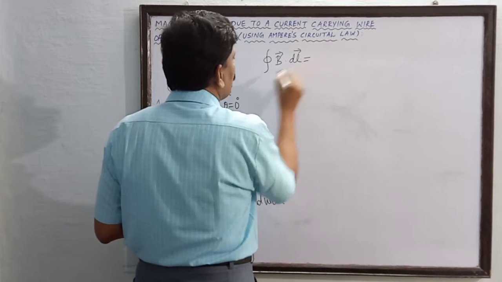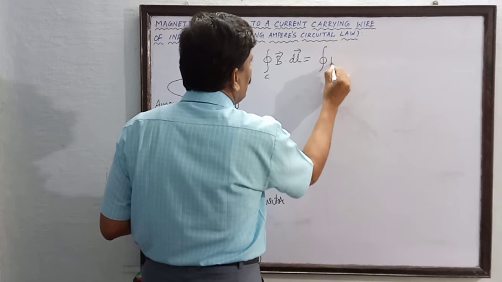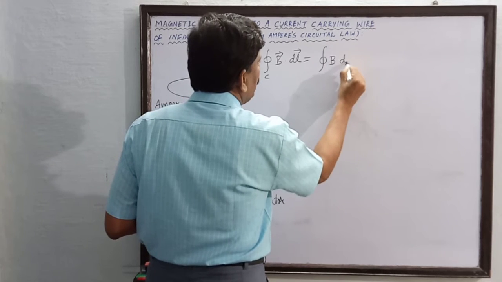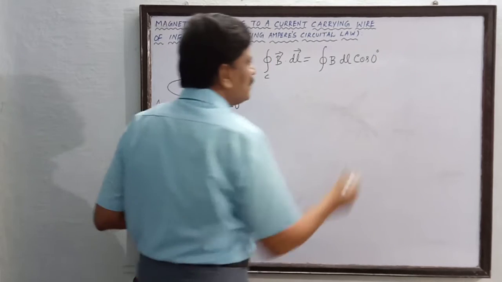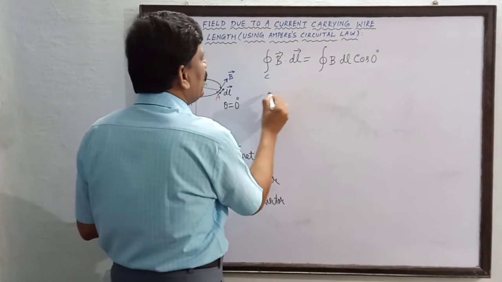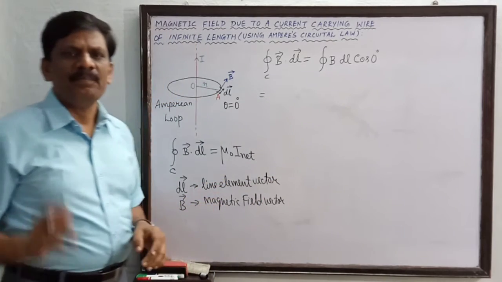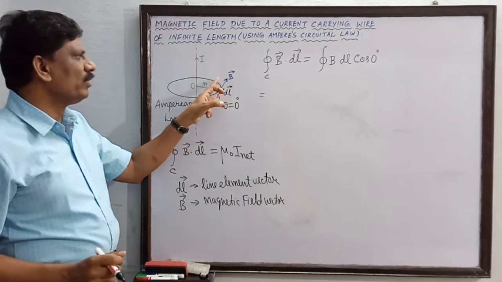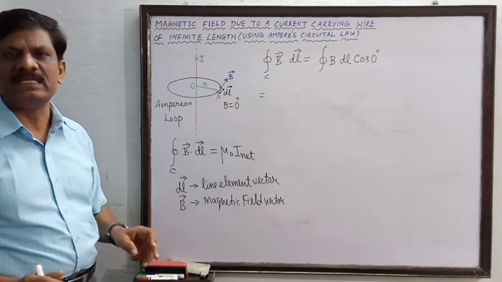is equal to the closed integral of B into dl into cos of the angle between them, which is 0. The magnetic field B, its magnitude will be the same at all points which are equidistant from the center.